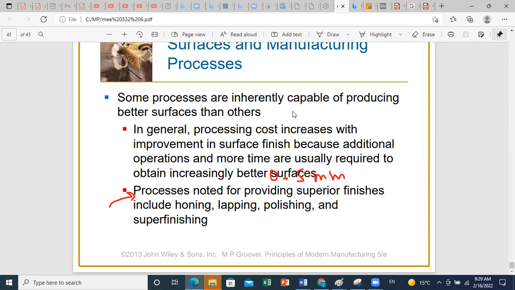For example, in the honing process, we use a special tool called a honing stone to achieve a precision surface. The honing stone is composed of abrasive grains bonded together with an adhesive. Just like when we rub surfaces against each other, we rub the stone, which is characterized by very small grains.